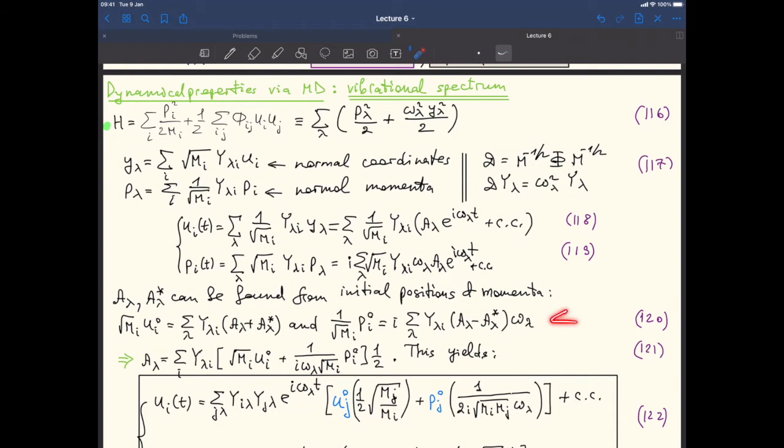Solving these two equations, one obtains this. So in order to solve them, again, you have to solve this equation with respect to this a lambda. This is achieved by multiplying both sides of this equation by y lambda prime i and summing over i both sides.